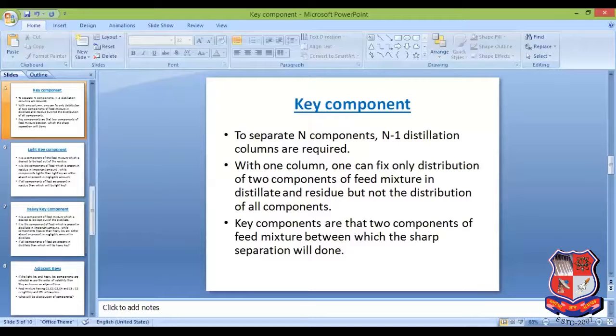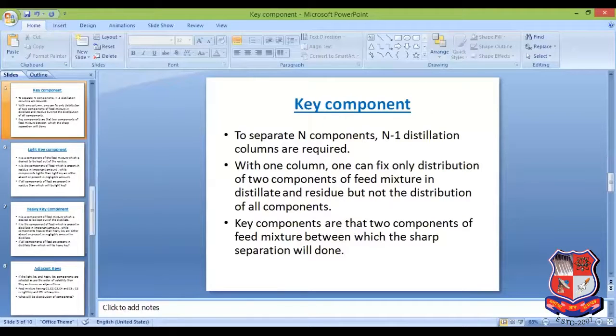So we have to choose two components in such a way that we want separation between these two components, and then the remaining components will be distributed accordingly, as per their VLE. So the two components between which we want separation in distillate and residue are known as key components.